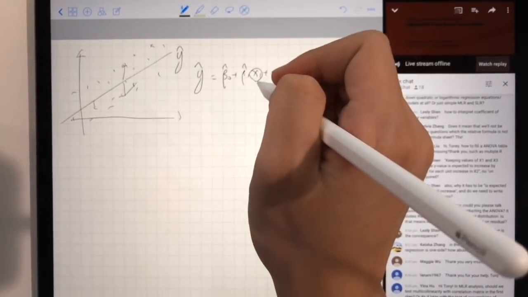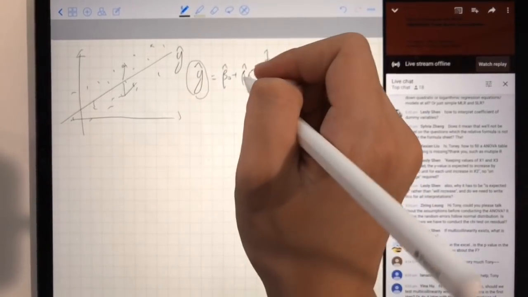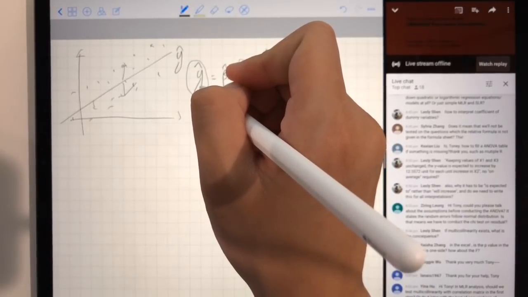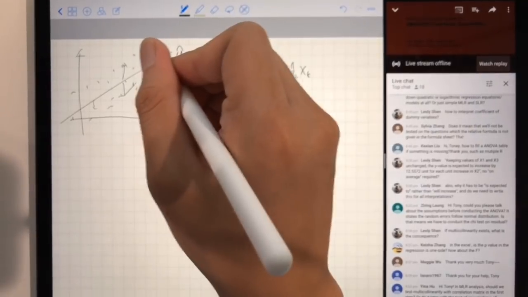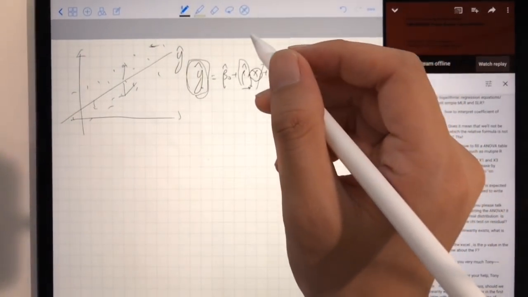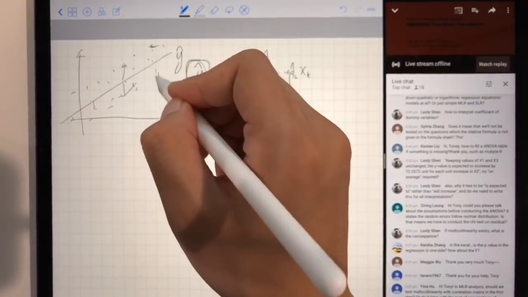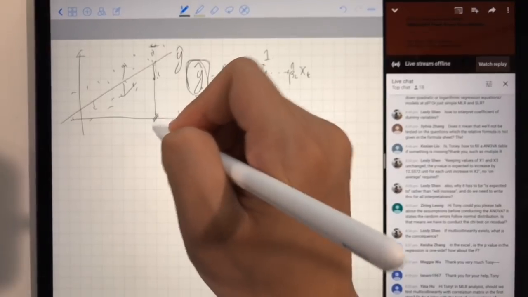So for example, when x1 increases by 1 unit, the y hat will increase by beta 1 hat units, right? But it's y hat that will increase, not y, right? So y hat is the average of y. So it's the average of y given a value of x, okay?